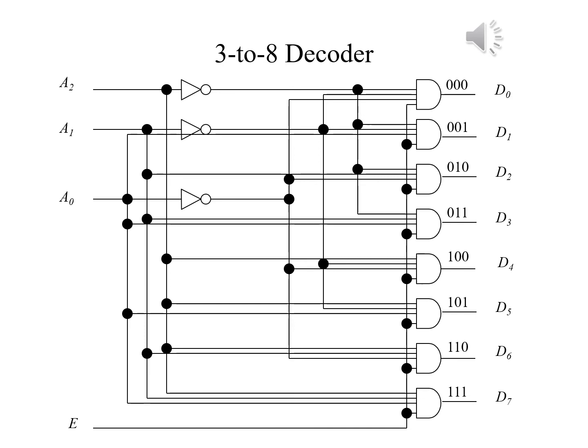A1 prime goes to D0, D1, D4, and D5, while A1 goes to D2, D3, D6, and D7. A0 prime goes to D0, D2, D4, and D6, and A0 goes to D1, D3, D5, and D7. All the combinations are accounted for, and this way we can see which one of these output values we actually transmit through.